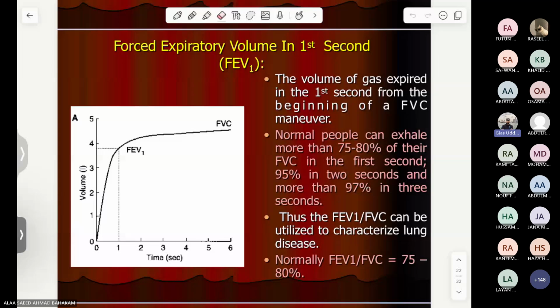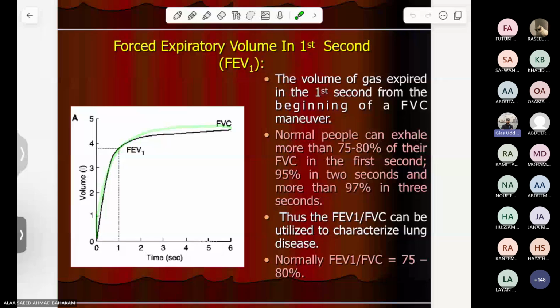In the first second, you see, so in this figure, what is the FVC? Who can tell? What is the FVC here? This is the FEV1. FEV1 is about, let's say, 3.75 liters, right? FVC, how much?